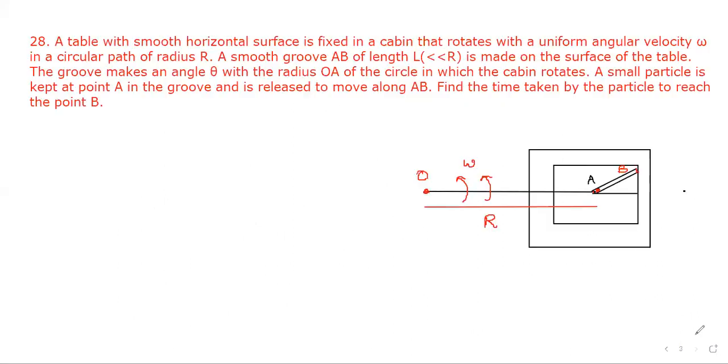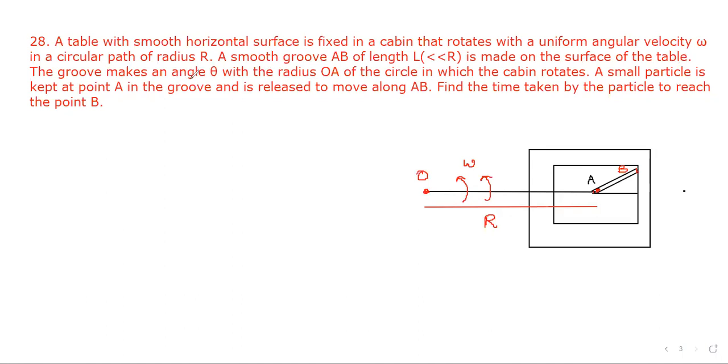Now let's go to the next question. The next question says, a table with a smooth horizontal surface is fixed in a cabin that rotates with a uniform angular velocity omega in a circular path of radius R. A smooth groove AB of length L less than capital R is made on the surface of the table.